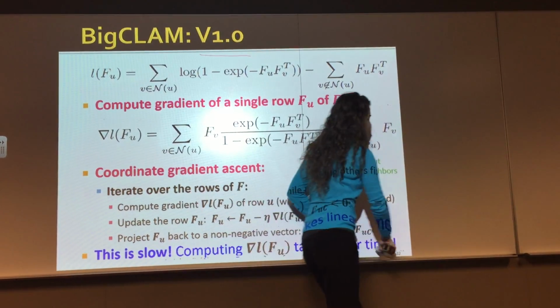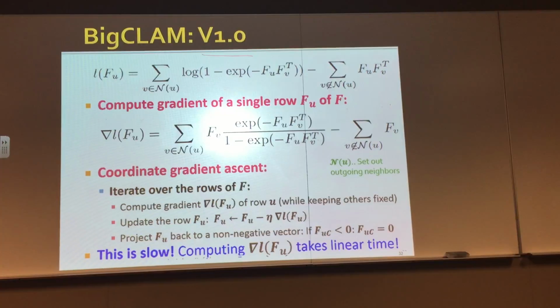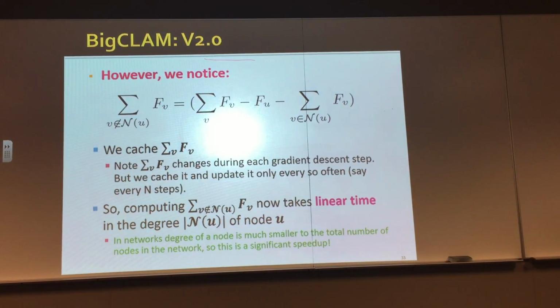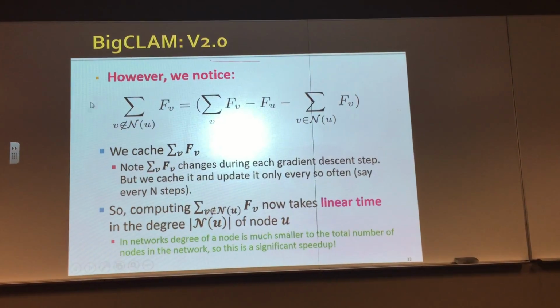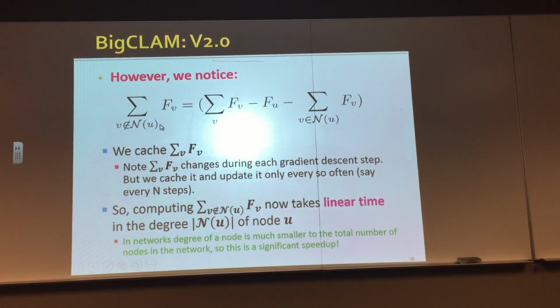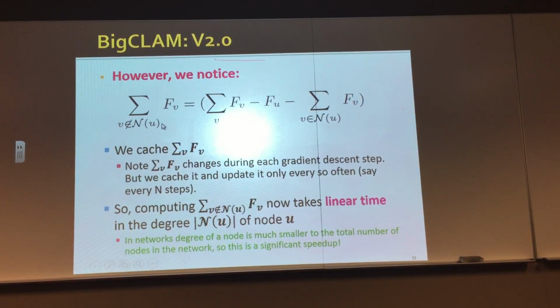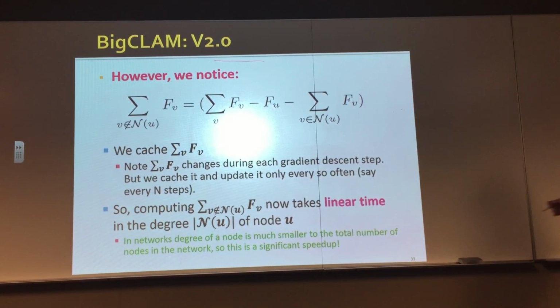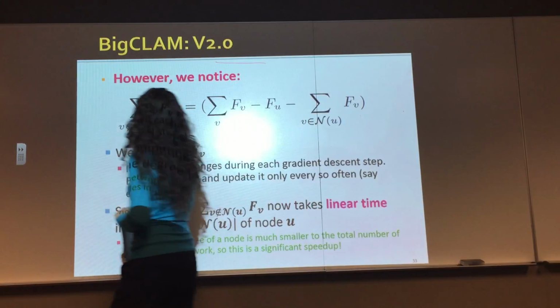Now, to speed up this algorithm, we will go to version 2 of this algorithm, and that second part where we go over all the non-neighbors.